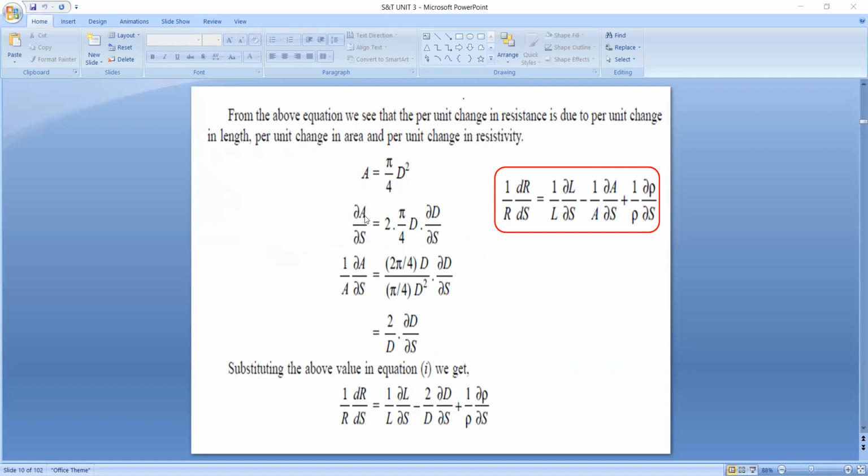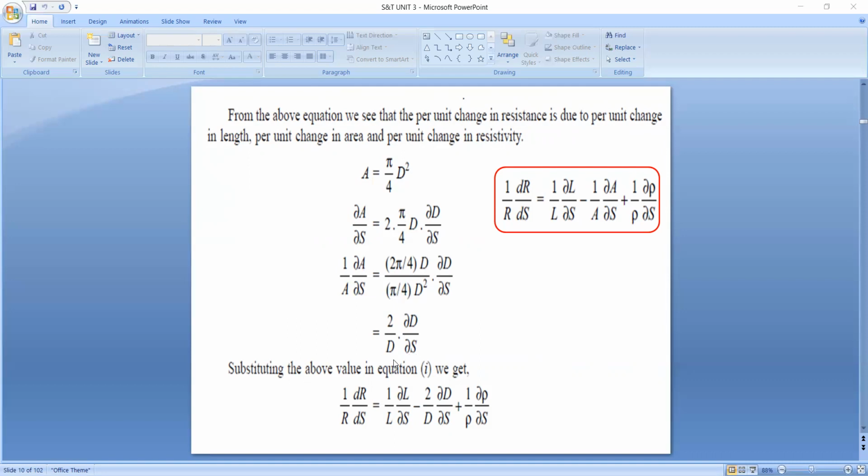Now differentiate this area with respect to stress to get 2d pi by 4 into dou d by dou S. So 1 by A dou A by dou S is equal to 2 pi by 4 d into dou d by dou S divided by pi by 4 d square. After simplification, you get the expression as 2 by d into dou d by dou S.